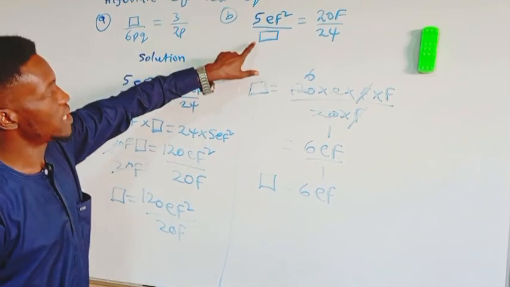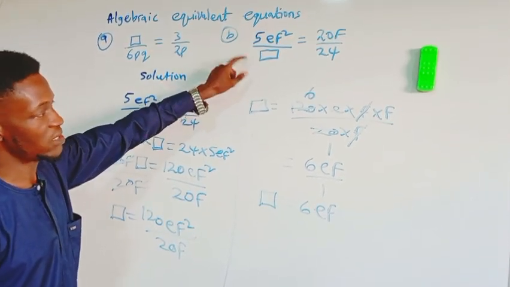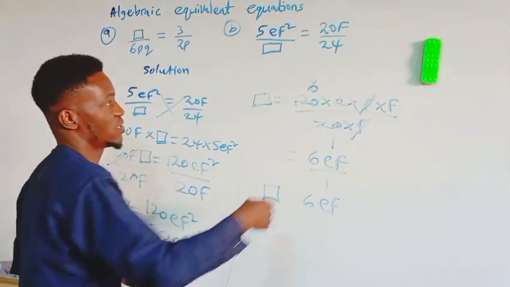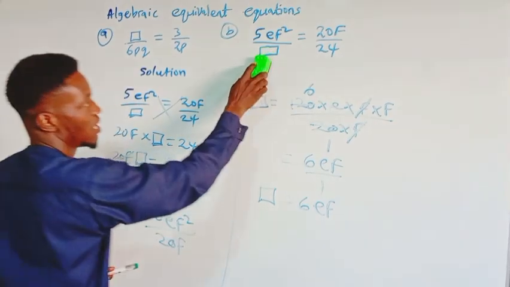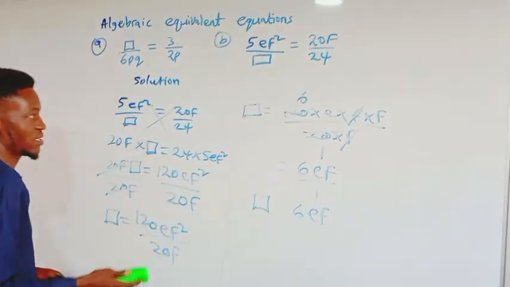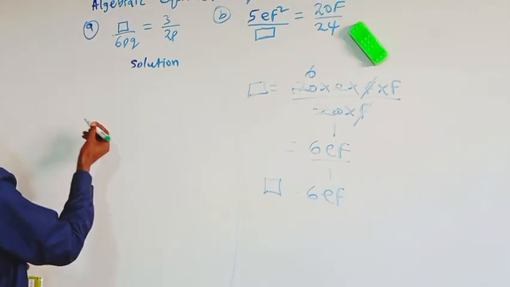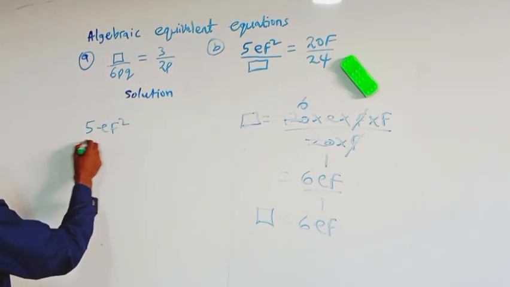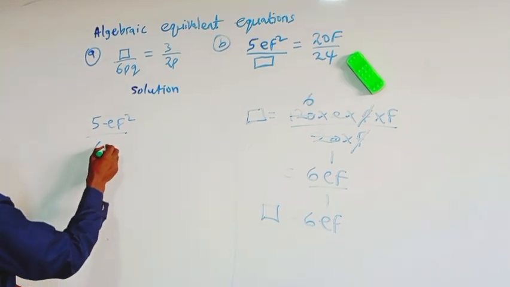So the value of this symbol is 6ef. Here the answer is 6ef. But let's check if the answer is correct. Let me cancel all these ones here. Let me check if this value is equal to the value at the right hand side. In my left hand side I have 5ef squared over 6ef.